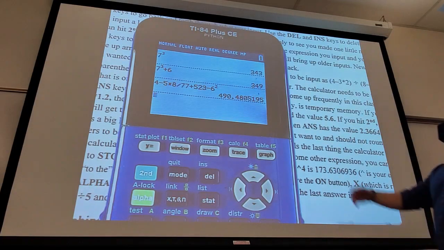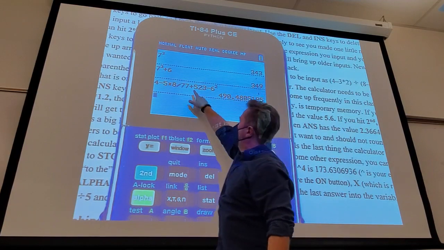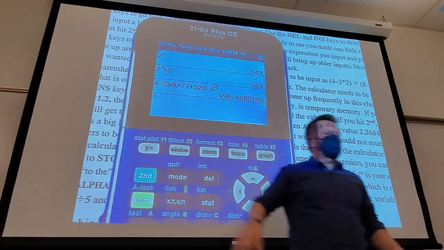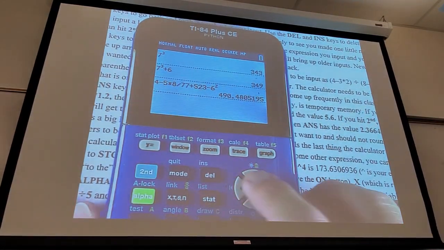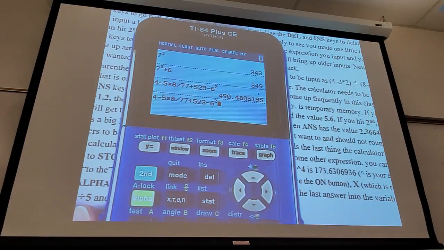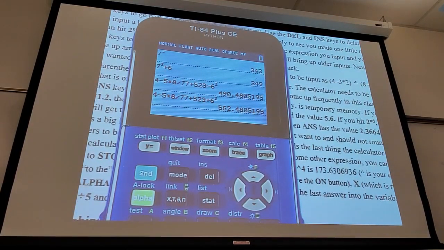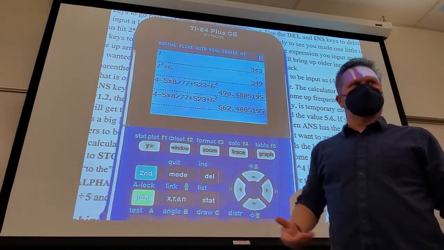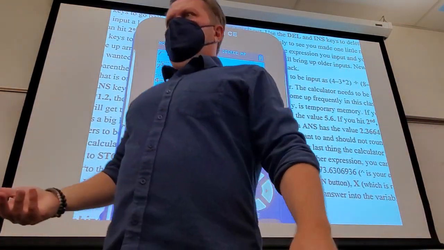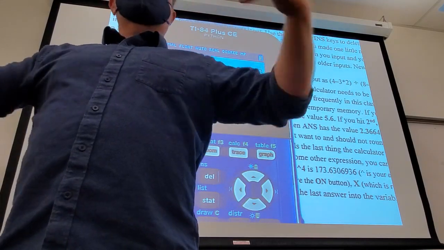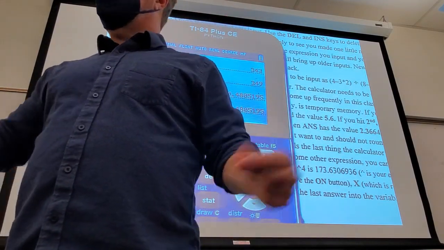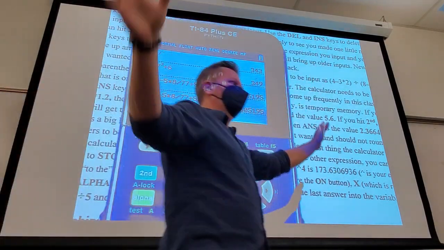And I go, oh no, that was supposed to be a plus. So I can actually hit the up arrow, enter, and make that a plus, right? Not amazing, but still kind of useful. And again, on a quiz or test, time is crucial. You want to be able to edit things quickly instead of rewriting the whole thing.